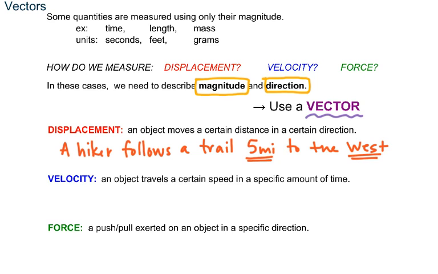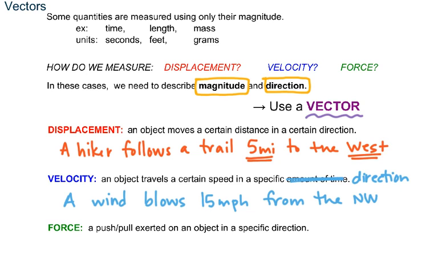An object travels a certain speed in a specific direction. I realized that was typed incorrectly there, so I went ahead and rewrote that. As in, a wind blows 15 miles per hour from the northwest. 15 miles per hour is the speed, that's the magnitude, and then from the northwest, that is my direction.